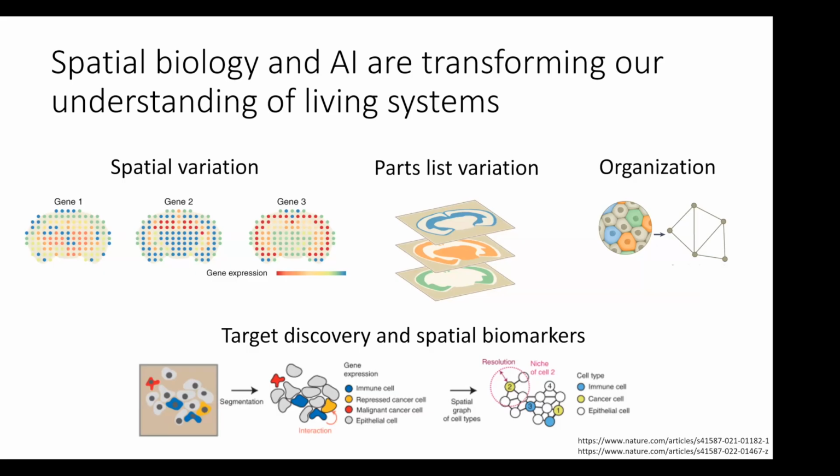And then, more practically, thinking about what the different biomarkers, both parts list and spatial, are that are linked to different disease states, and through that biomarker creation process, understanding which gene targets are more relevant or not for disease progression. All of this is the world that we're all trying to build, and I think it's only through operationalizing this modern spatial data that we'll be able to get there.